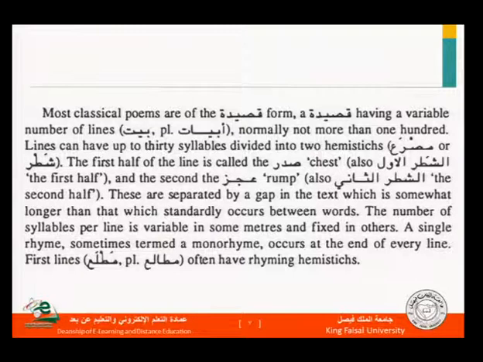The first half of the line is called the صدر, chest, also الشطر الأول, the first half, and the second half is called عجز, rump. This is the image of the Arabic poem. We have صدر وعجز, the first part and the second part, the chest and the rump. Also, these are separated by a gap in the text which is somewhat longer than that which standardly occurs between words.